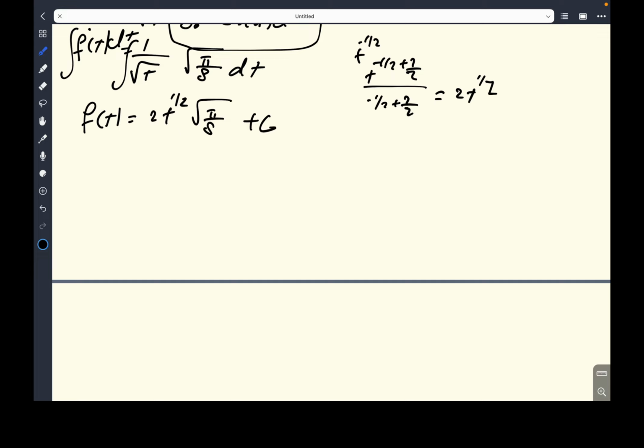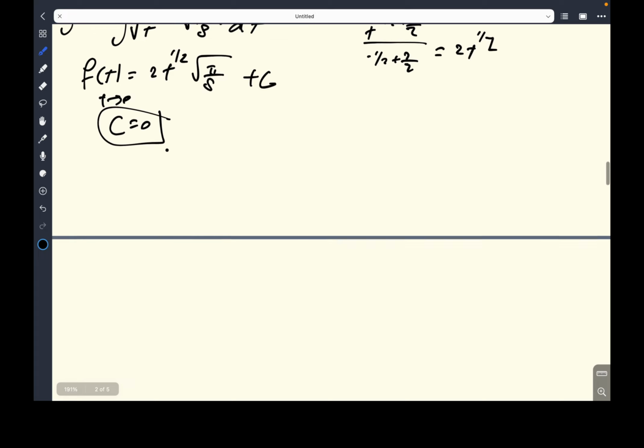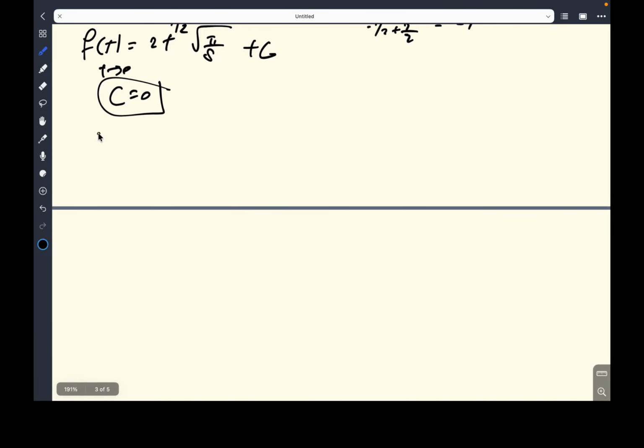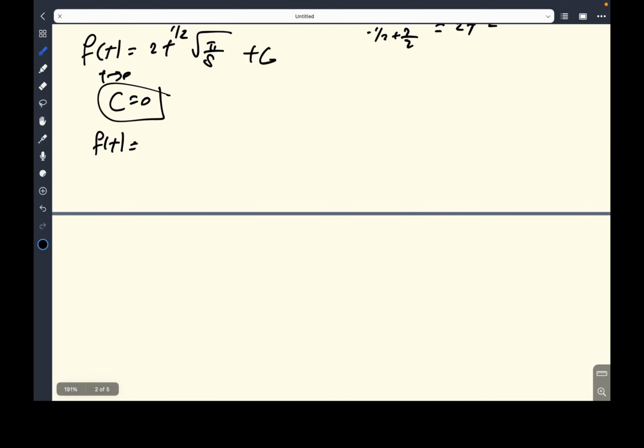If I take the limit of both sides as t approaches 0, I find the constant of integration to be 0. You can do it by yourself. So my f of t is going to be 2 t to the half root pi over 8.